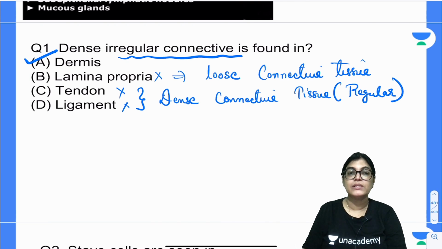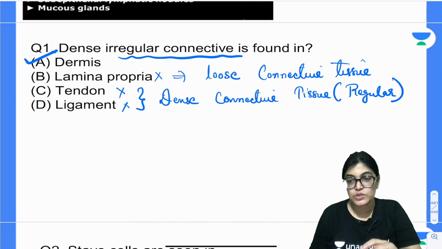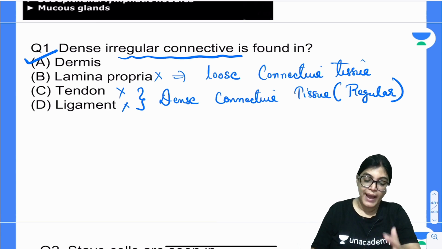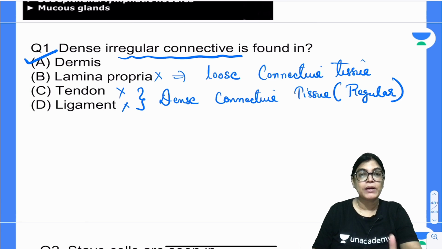Also, aponeurosis is an example of dense connective tissue, and the arrangement of this structure is regular. So we have A as the correct answer. The deeper part of the skin below the epidermis is the dermis, which has an irregular connective tissue arrangement.